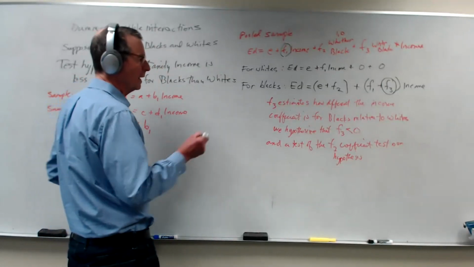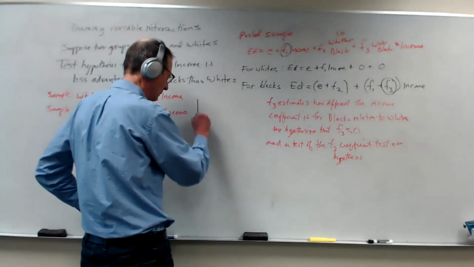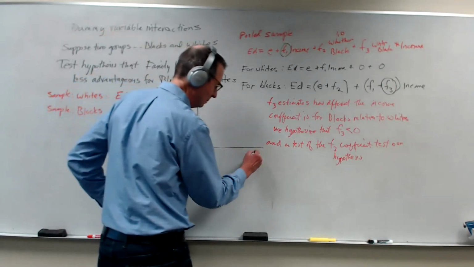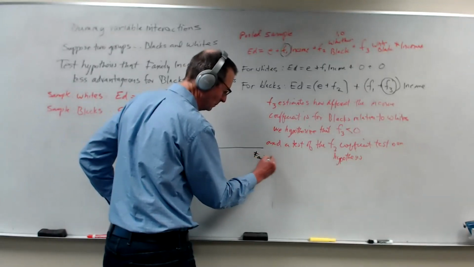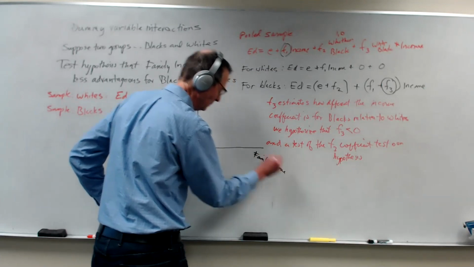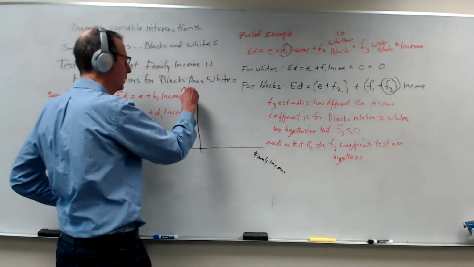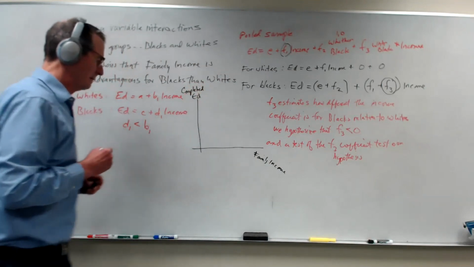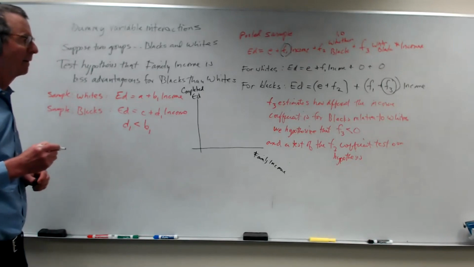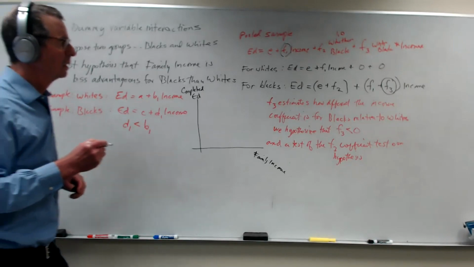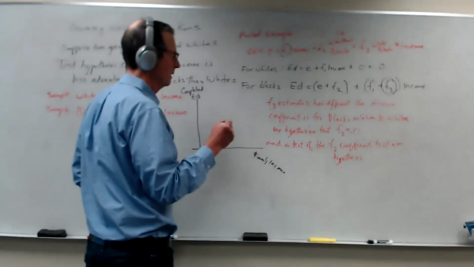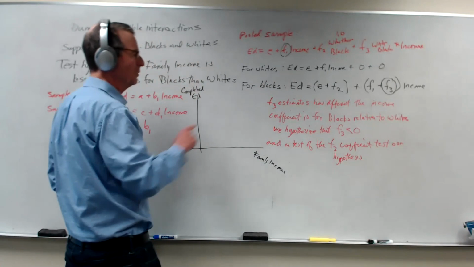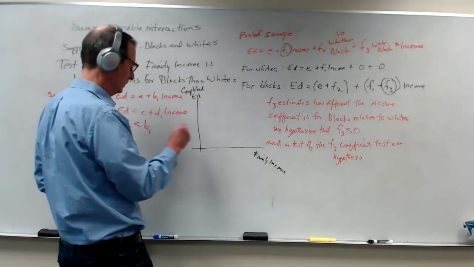And just to reinforce what's going on here, if we have family income over here, and completed schooling, completed ed, we're going to, in effect, fit these two equations, even though it's all one equation.